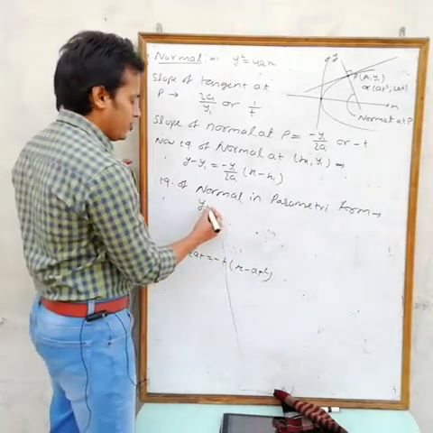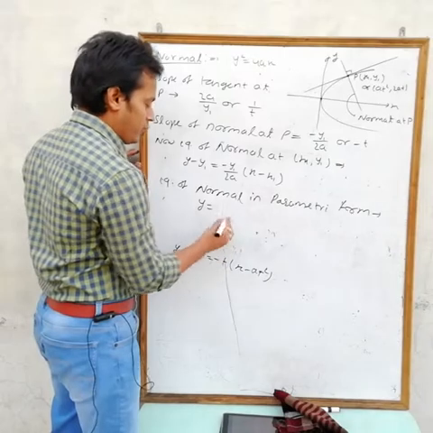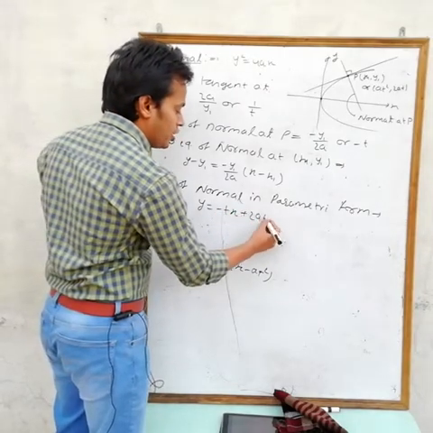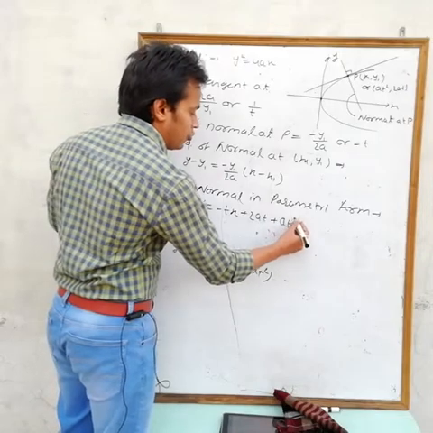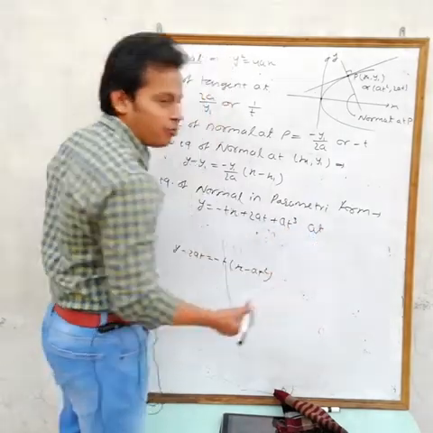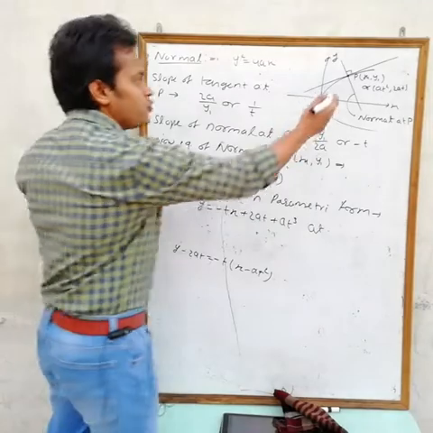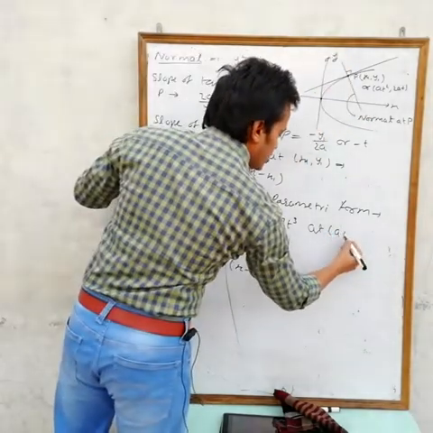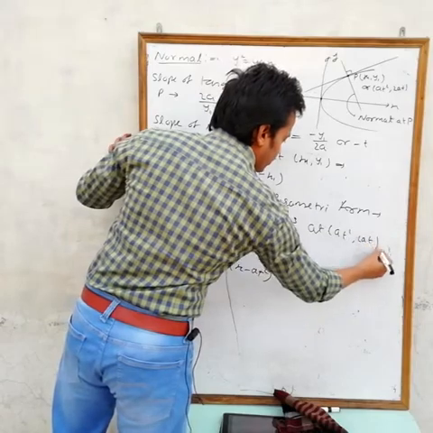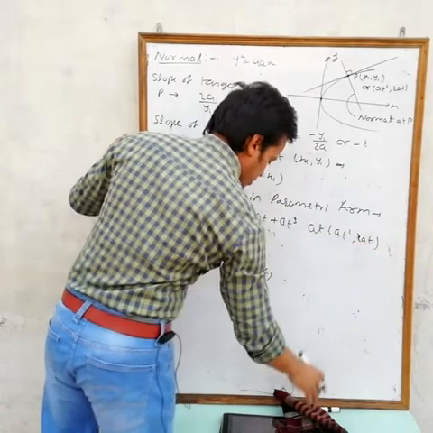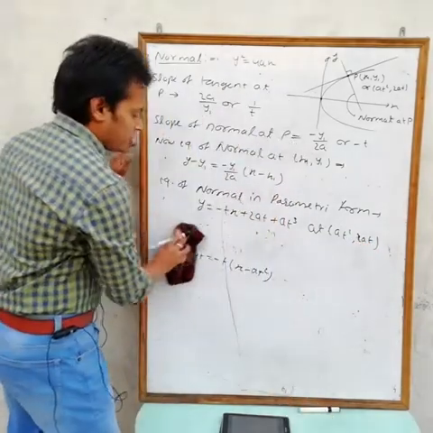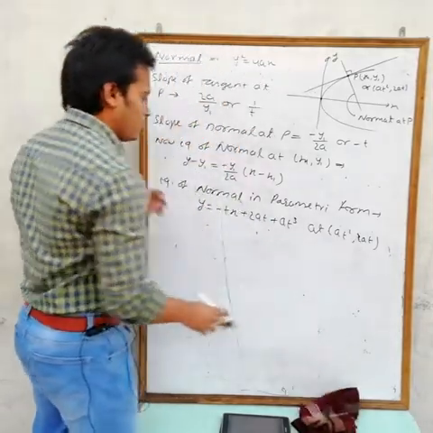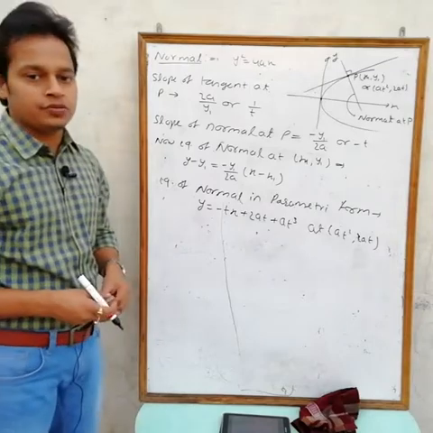Then we are getting the equation of normal in parametric form as y equals minus tx plus 2at plus at cube, where the point is P. This is the normal at P, at square comma 2at. Now, can you find the slope of this line, meaning the slope of normal?